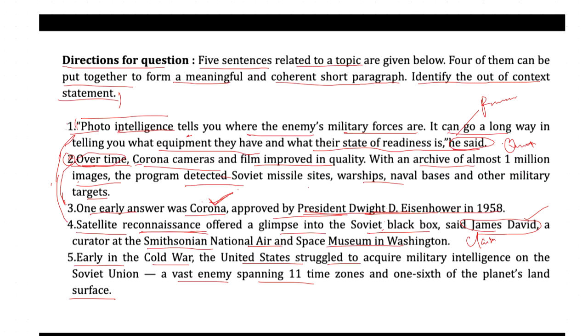So, in that case, if you talk about option 5, which states early in the Cold War, it is stated about the war. Now, in that case, 5, 4, 1, 3, right?